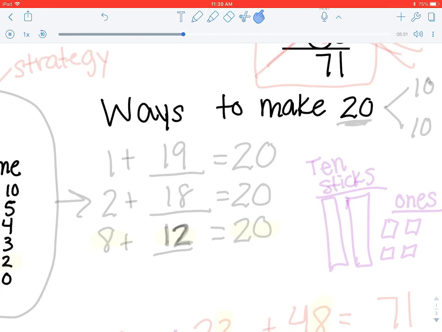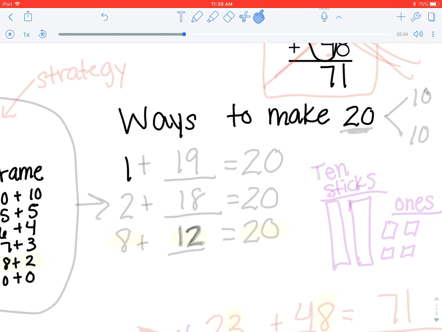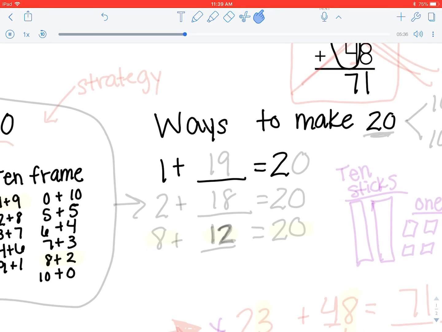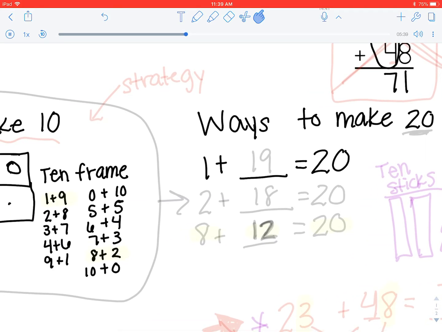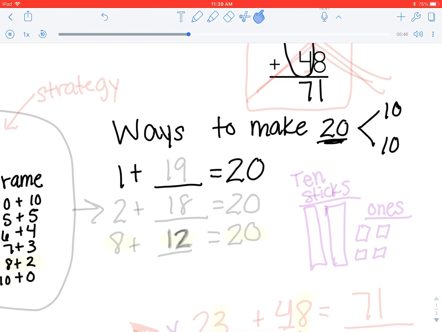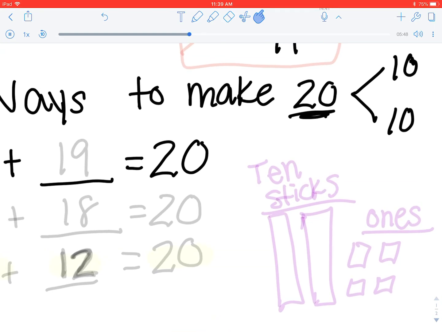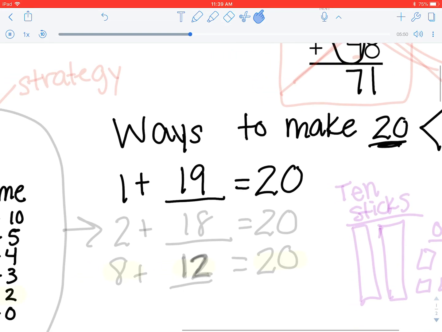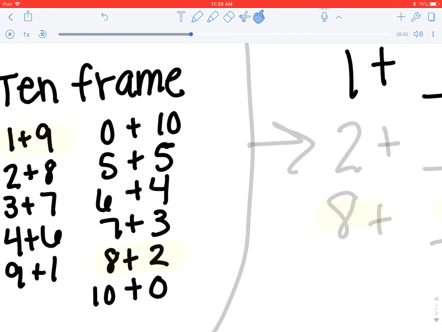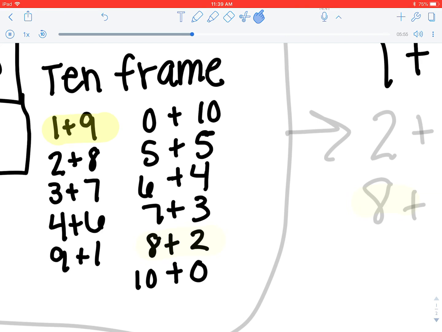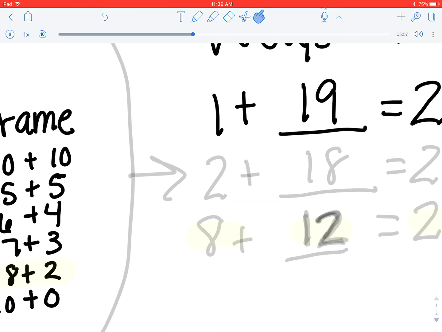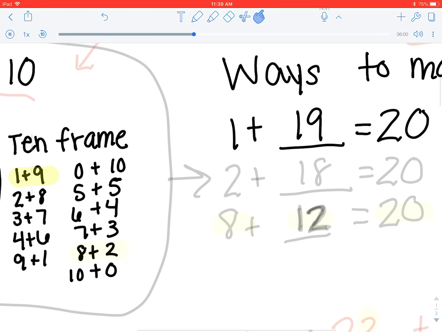So, for example, if I have 1 plus what equals 20, they should understand that 20 is really just 2 sets of 10. If they know their ways to make 10, then they know that this has to be 19, because over here, when we had 1 plus 9, all we had to do is give the 9 a group of 10 by putting 1 ten in the tens place.